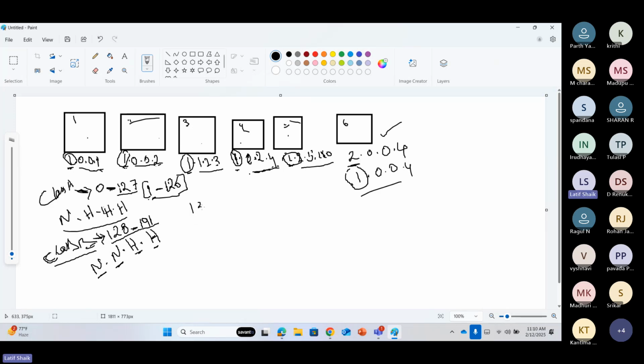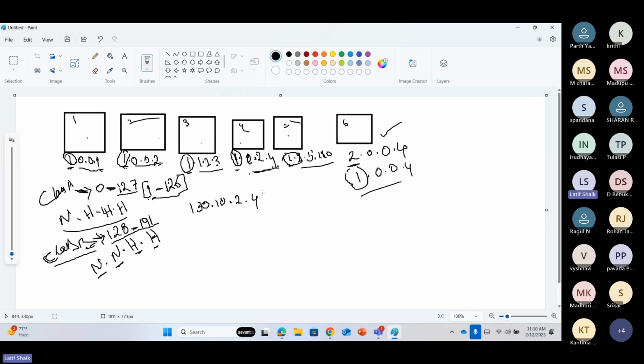I have taken one IP address, 130.10.2.4. Anything you can take; these are just examples for our understanding.